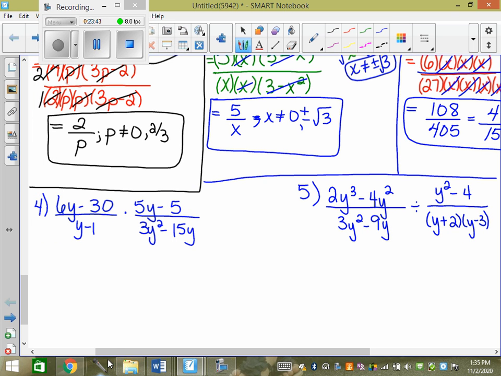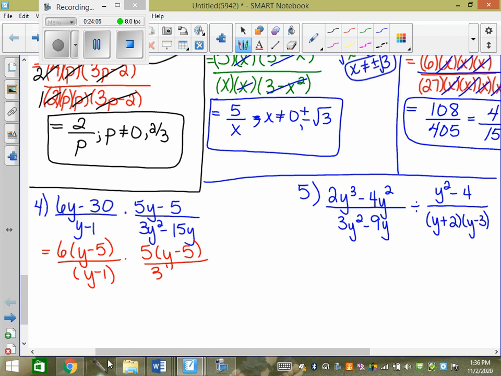This one, I can take a 6 out of the top, and I'm left with y minus 5 over y minus 1 times, take a 5 out, I'm left with y minus 5. Take a 3 out, and I'm left with 3y.